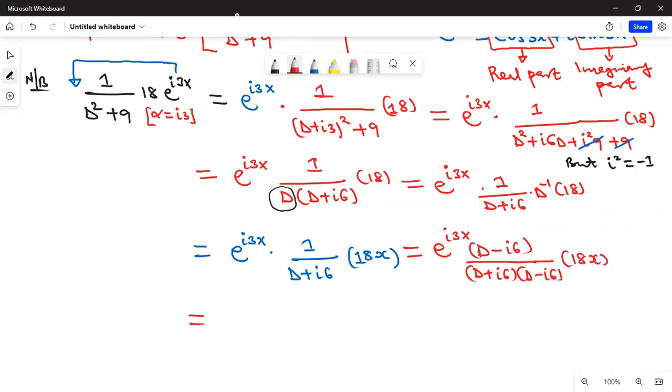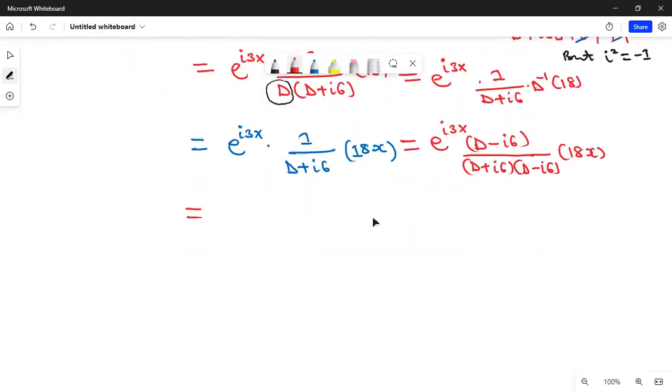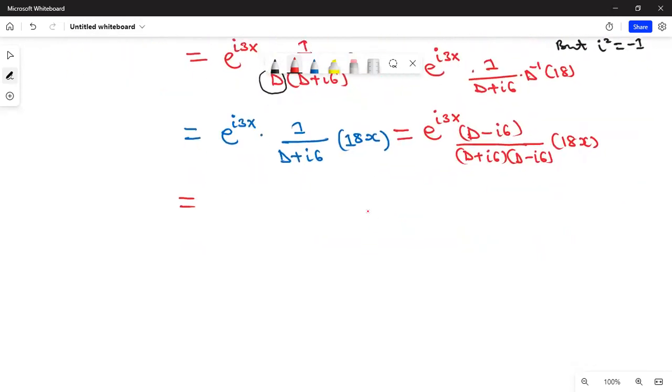So if I continue simplifying this one, what will we have? It will be exponential I3x, D minus I6 in the numerator. Denominator is difference of two squares, that is D squared minus I squared times 6 squared, that is 36.